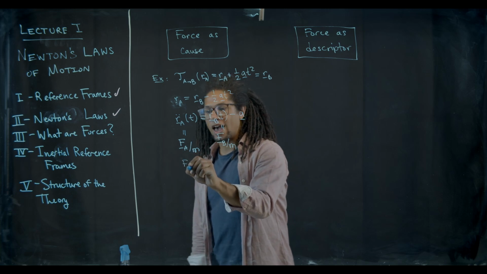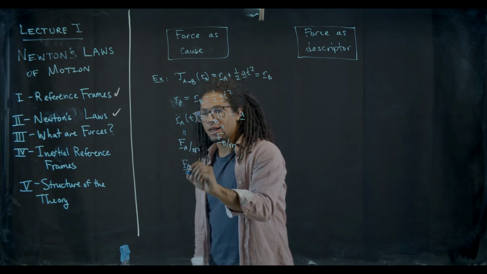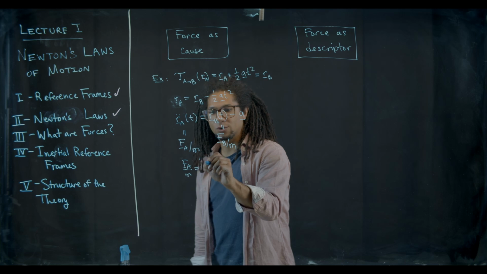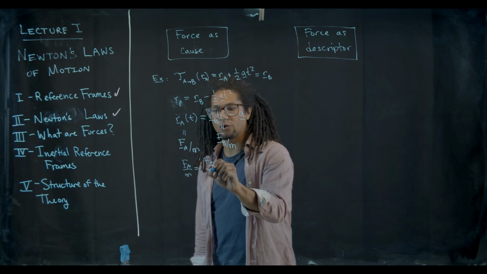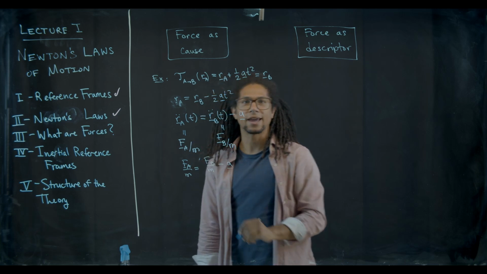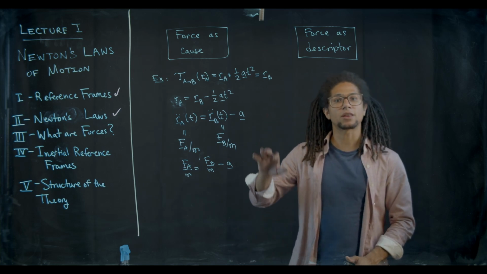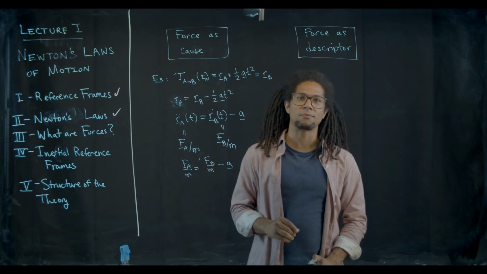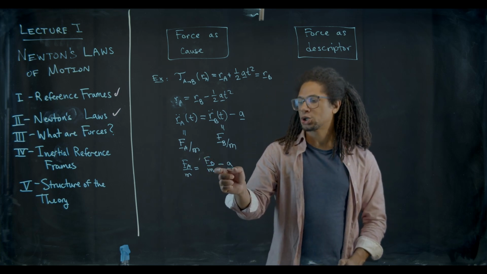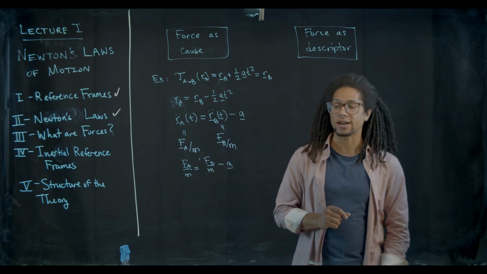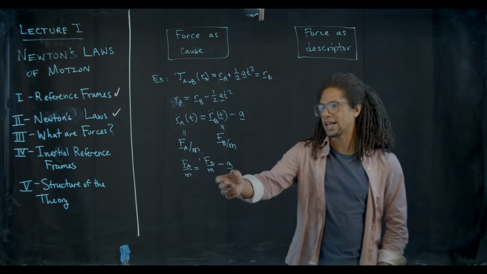So therefore, F_A over m is equal to F_B over m minus a. And this is huge because it means that the forces are not the same in the two reference frames. They're different by this constant vector a, or I should say m times a.